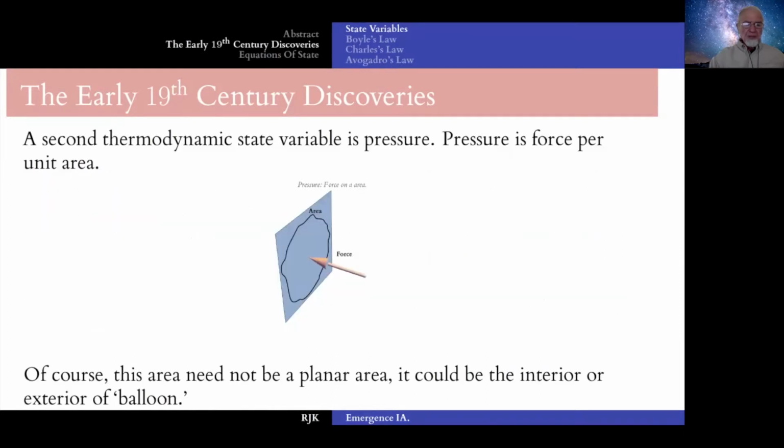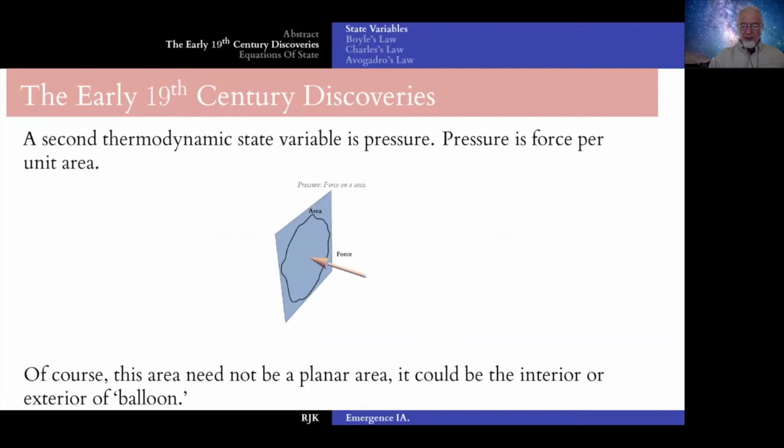So a second thermodynamic state variable is pressure, and pressure is force per unit area, which I've shown as an arrow, a force arrow hitting an arbitrary area, and pressure is the ratio of those two. Now, the area does not need to be a planar area, as I've shown it here.